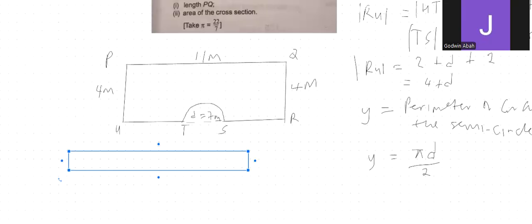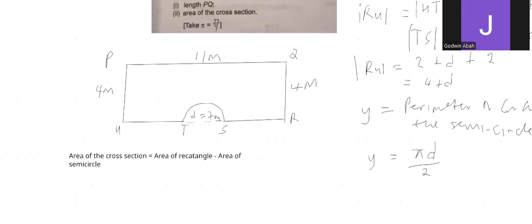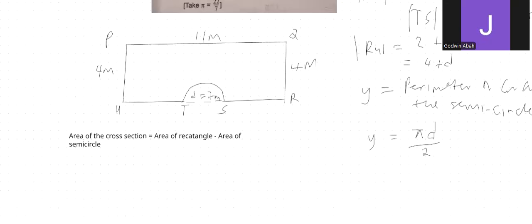First of all, let's start with calculating the area of the rectangle. I'm going to simplify it as much as possible. The area of the rectangle is equal to length times breadth.